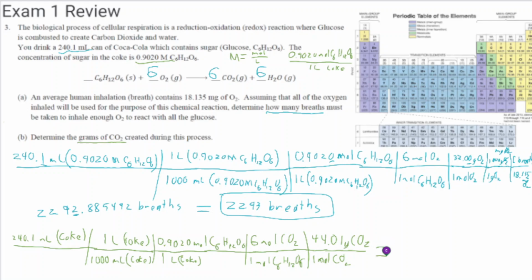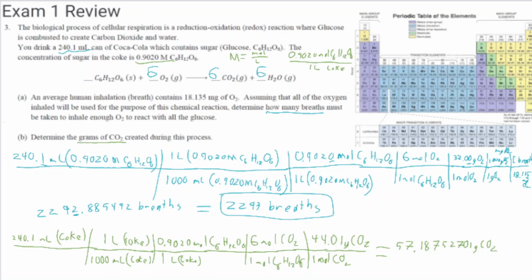So we can multiply everything on top. We'll do the 240.1 multiplied by 0.902, multiplied by 6, multiplied by 44.01, and then divide by everything on bottom, just 1,000 in this case. And we get 57.1875270 grams of CO2.